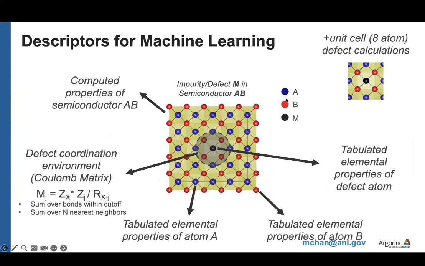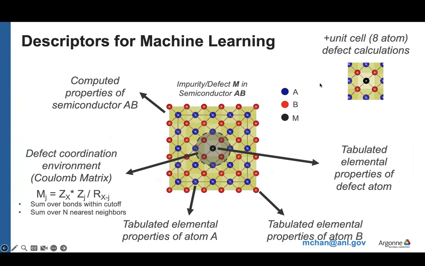There's the AB, which is the semiconductor, M, which is the impurity, and we can have elemental properties of A, B, and M. These are things like electronegativity, ionic radii, all those other properties of the element itself. We also look at the defect coordination environment, what atoms are surrounding it, how far, and so on.